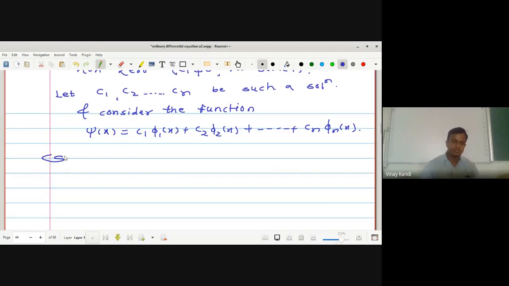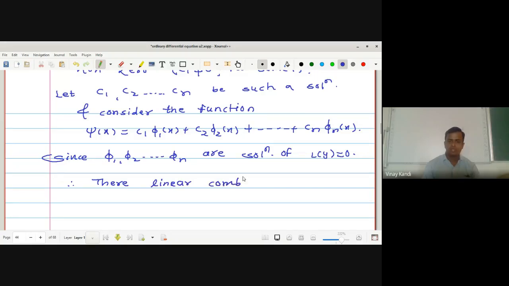Okay, since phi 1, phi 2 up to phi n are solutions of L of y is equal to 0, therefore their linear combination, c1 phi 1 of x plus up to cn phi n of x is also a solution of L of y is equal to 0.